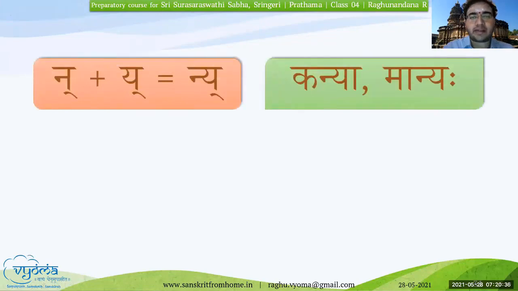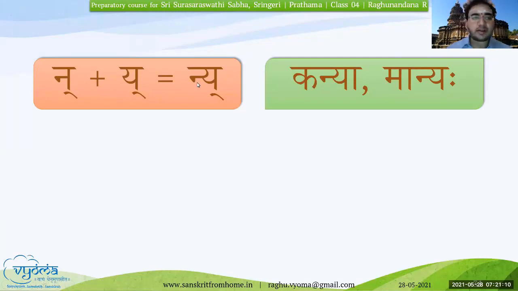First, we will take one example, which is Nakara plus Yakara, N, Y, which combine to form Ny. Some of the examples are Kanya, Manyah. Note down how these two letters are combining. Nakara and Yakara, both of them are half matras, two Vyanjanas coming together, and how this combination is represented.